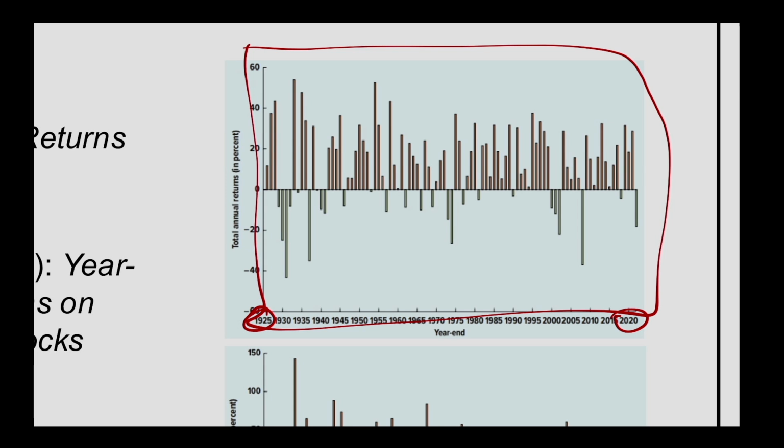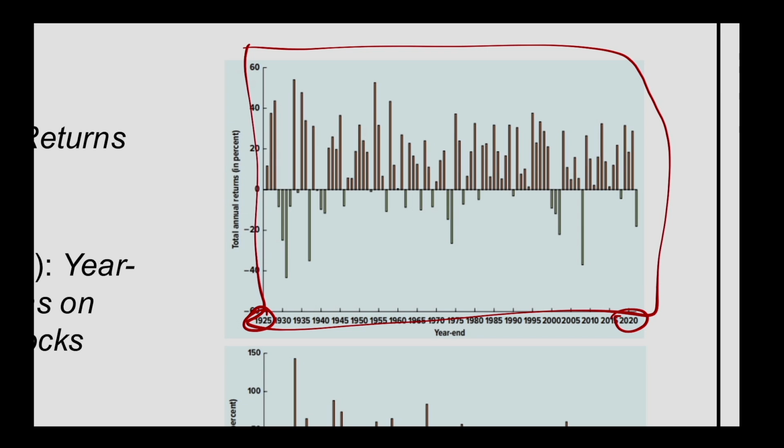Whoever created these, they calculated it up to just the most recent year of data that they had. But why 1925? Well, our very commonly used database for these returns only begins in 1925. And you'll see that date over and over again.